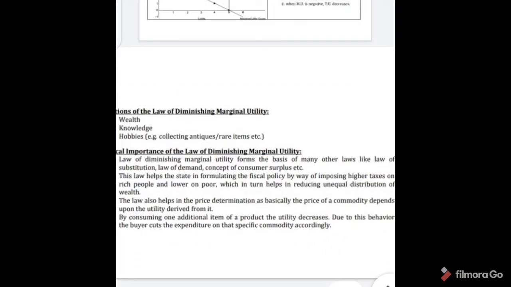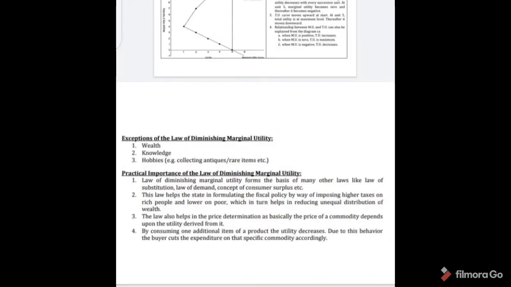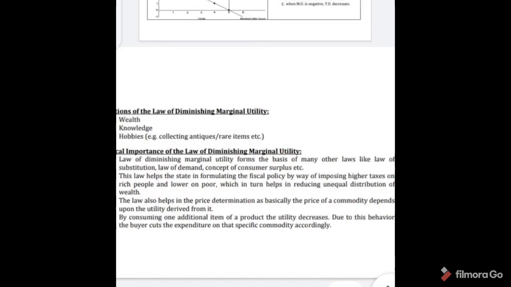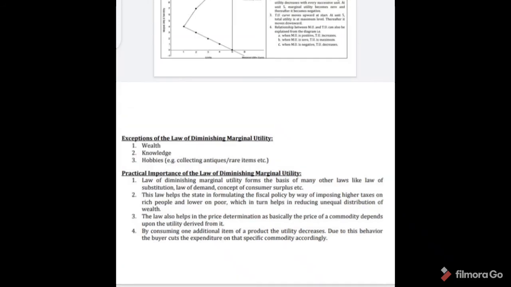It is said that knowledge is a wealth which is desired to be possessed more, because the desire to know more never comes to an end. In other words, as the area of knowledge expands, satisfaction also increases simultaneously. This case is also exempt from this law.